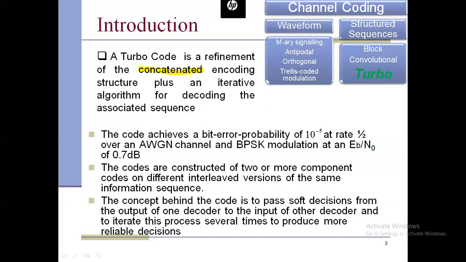So, for example, the first encoder has the code rate of K1/N1 and the second encoder has the code rate of K2/N2. So the overall code rate of the concatenated structure of the turbo encoder is K1K2 divided by N1N2.